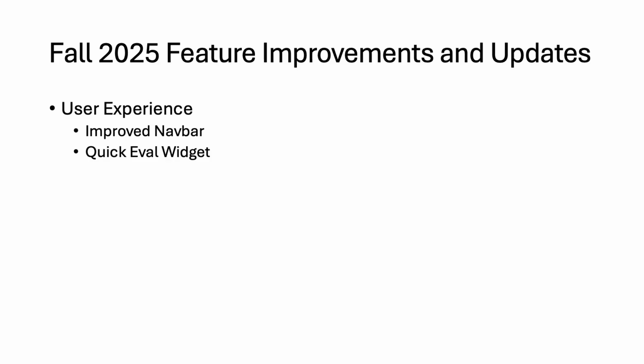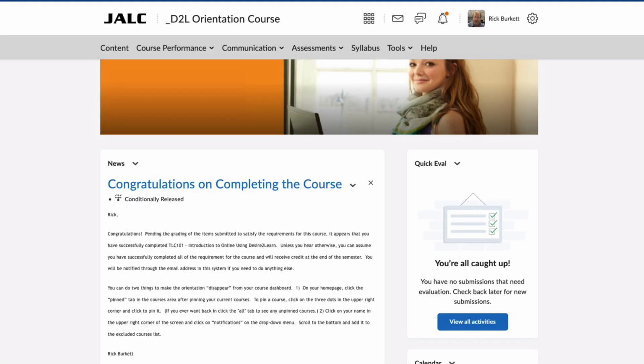First of all, we have a new improved nav bar that's text-based instead of icon-based. As part of our ongoing effort to enhance the usability of D2L, we made updates to the course navbar. First, we started by replacing the icons with text-based navigation links.